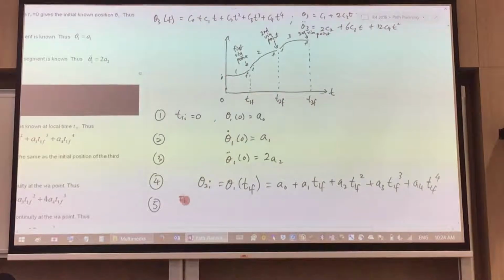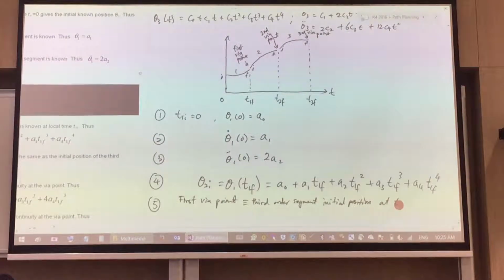The fifth boundary condition will be that the first via point must be the same as the third order segment initial position at t2 equal to 0.